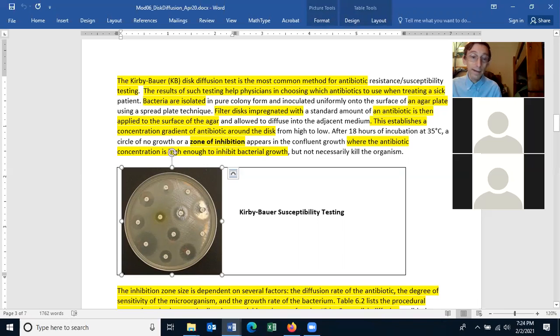When we're using this test to determine a disinfectant and which disinfectant is the best to work on a bacteria, why is this a poor test to use to determine which disinfectant is the best to work for that specific bacteria?